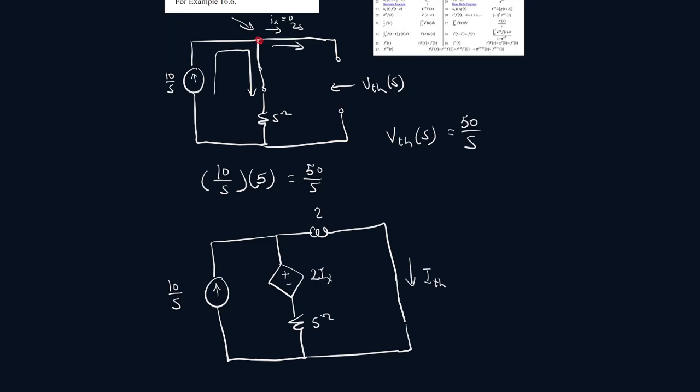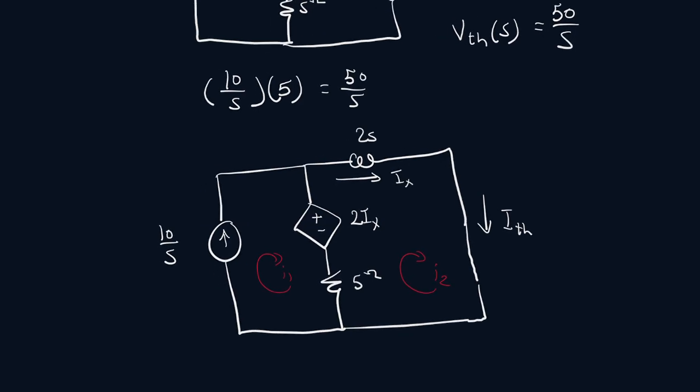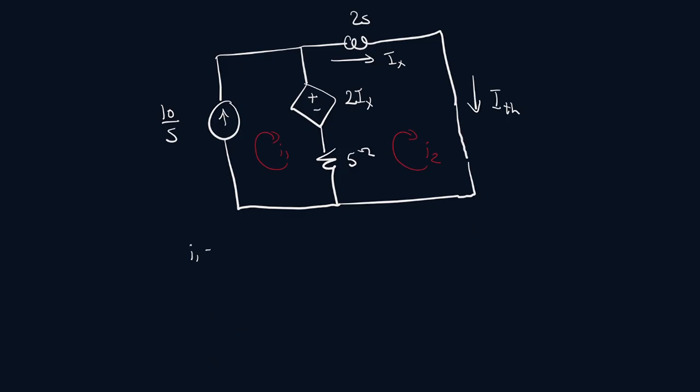So this was 2S. There's a current Ix here. So what we're going to do is a mesh analysis. We're going to call this I1, and we're going to call this I2. So right off the bat, we see I1 should be equal to 10 over S.